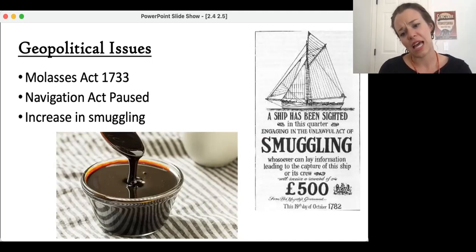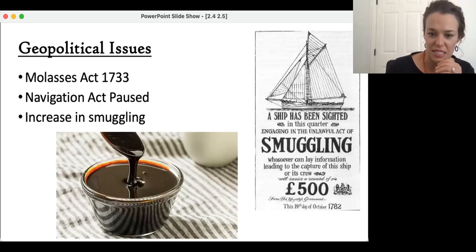We see that the Navigation Acts included laws like the Molasses Act. So the Molasses Act said we could not import molasses. And everyone's like, we're just ignoring these laws.